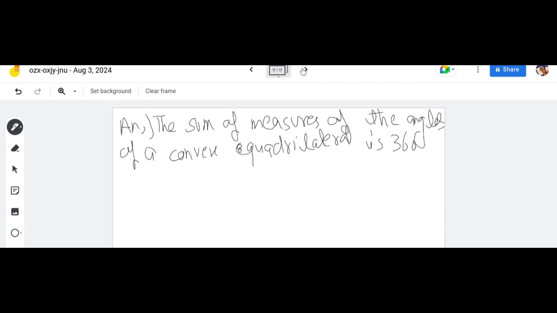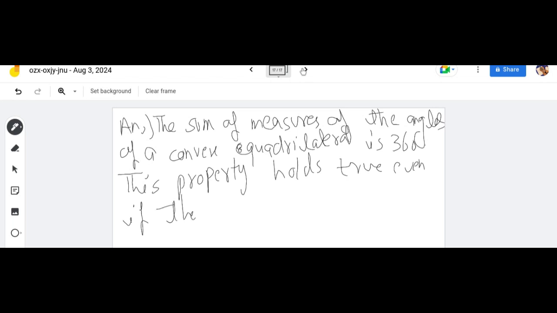Okay, and this property, you just have to repeat after me, you don't have to write. This property holds true even if the quadrilateral is not convex. It's not convex. And we have already given the reason with the picture.